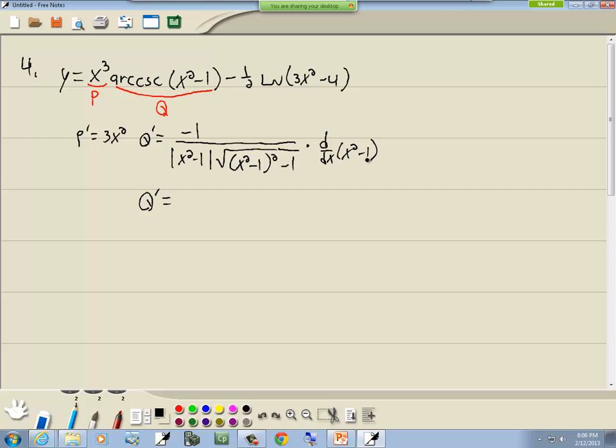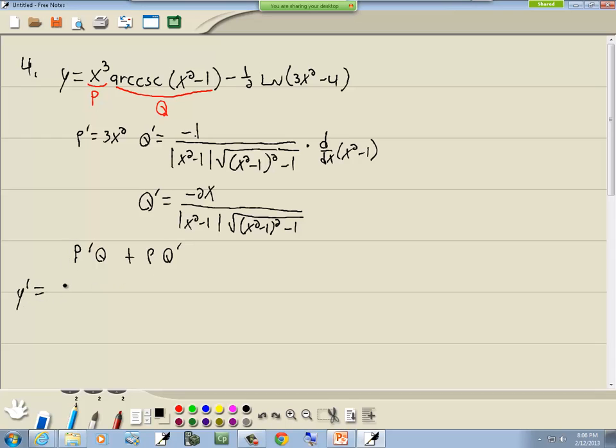Well, the derivative of x squared minus 1 is 2x. So I got negative 1 times 2x. That gives us negative 2x up on top, and the absolute value of x squared minus 1 times the square root of x squared minus 1 to the second power minus 1. Now we'll get to the natural log in a second. But our formula for the product rule is p prime q plus p q prime.